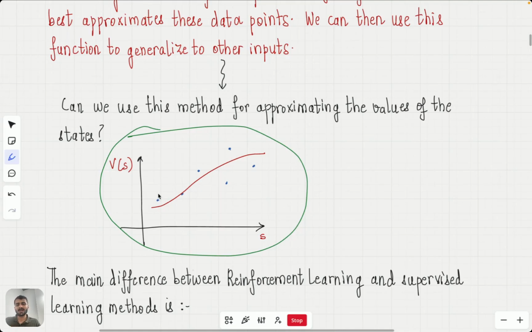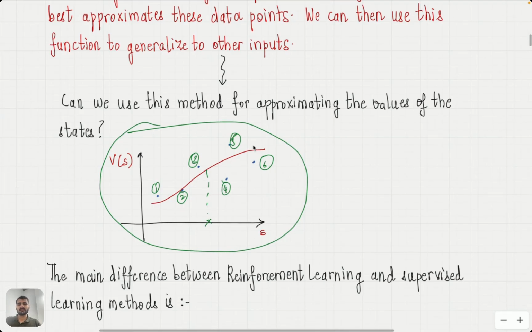So I know the values of six states: state number one, two, three, four, five, and six. And someone asks me, Rajat, what is the value of this state? So I'll just simply calculate it from this curve which I have used to approximate this data.